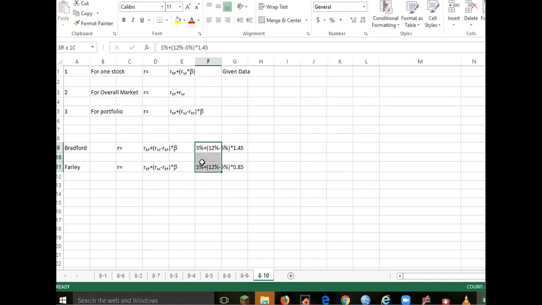So Bradford's return is 15.15%, whereas Farley's return is 10.9%. And the difference of these two returns is required. So simply we deduct Farley's return from Bradford's return, which is H9 minus H11. So 4.2% is the difference.